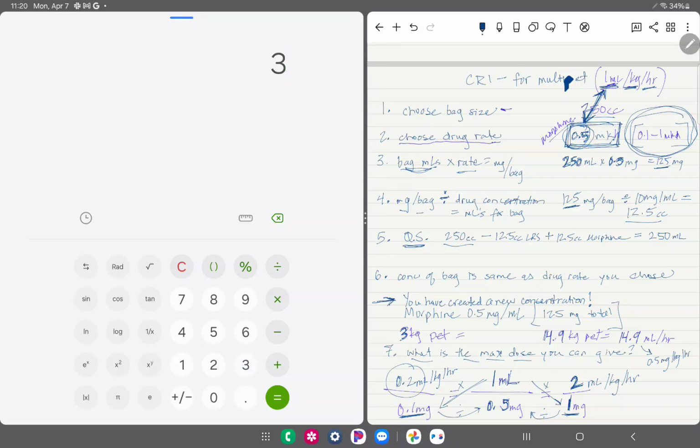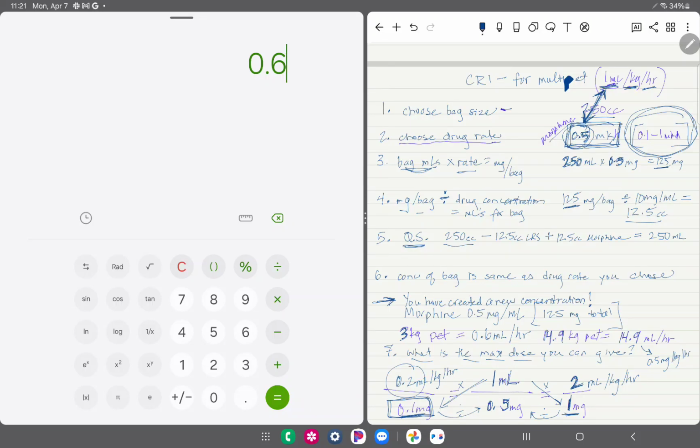So if I take 3, his kgs, times 0.2 mL per kg per hour, now I'm going to be at 0.6 mL per hour. So I'm going to back that pet way down to 0.6 mL per hour, which I know is the same as 0.1 mcg per kg per hour. And I'm going to see how he does from there.